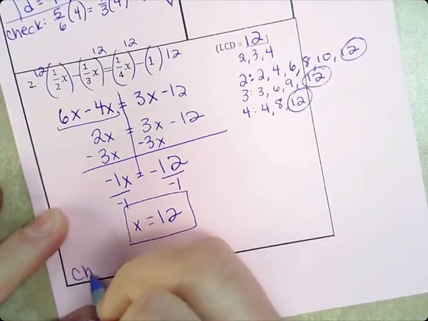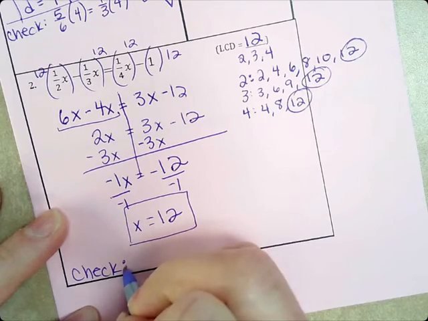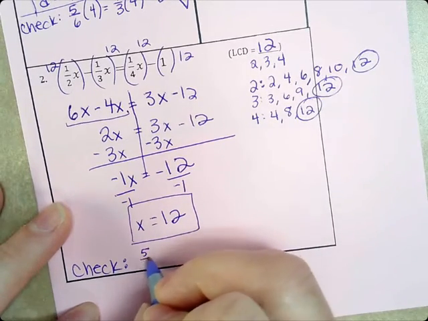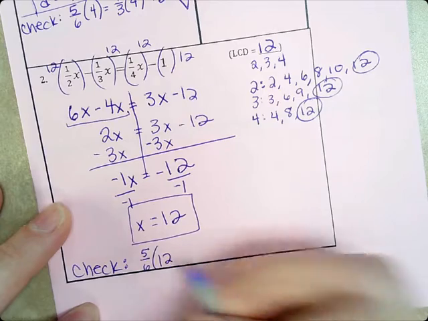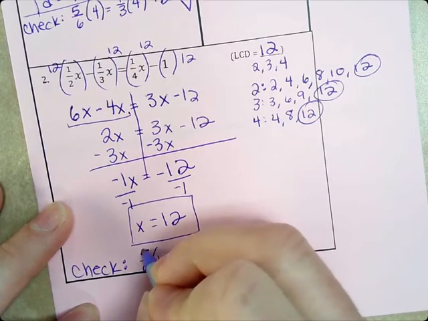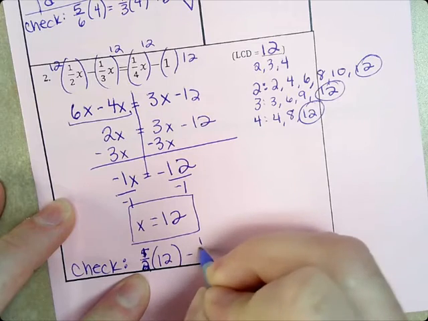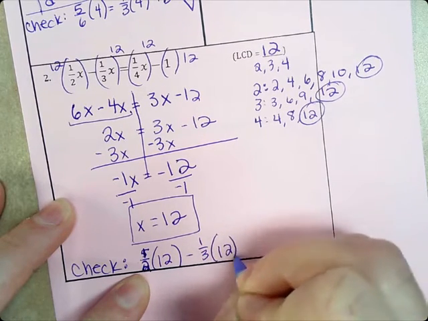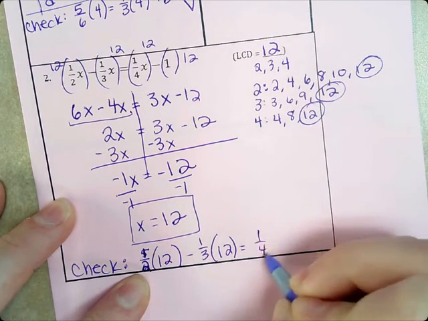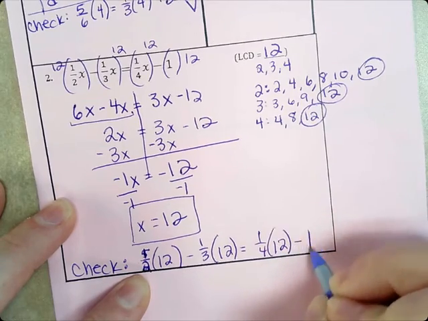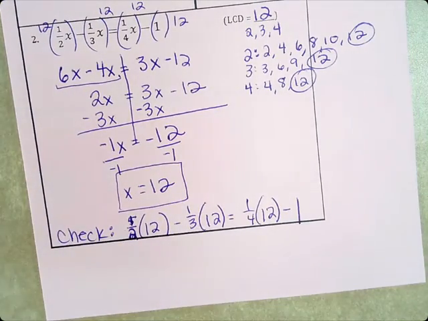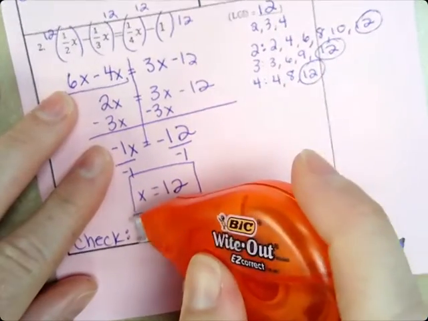We do need to check it. 1 over 2 times 12 minus 1 over 3 times 12 equals 1 over 4 times 12 minus 1. I was looking at the wrong problem for a minute.